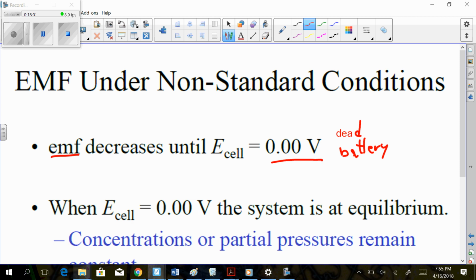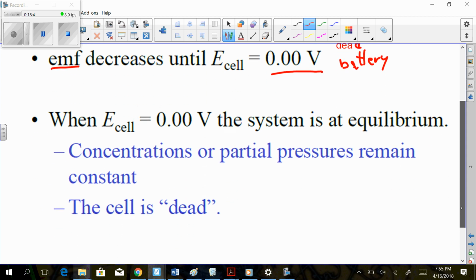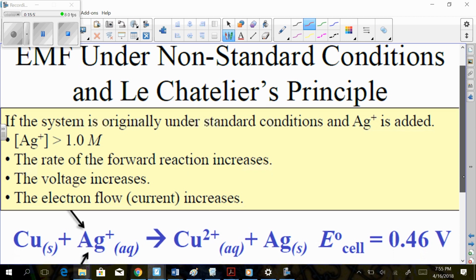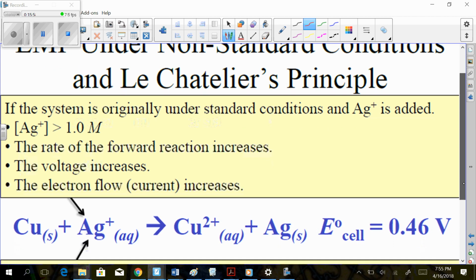And that's if that system is at equilibrium. And so if we look at that, concentration, our partial pressures remain constant, nothing's going on, the cell is dead, meaning it's at equilibrium, the concentrations aren't changing anymore. And so if you look at that, you can kind of use that principle.